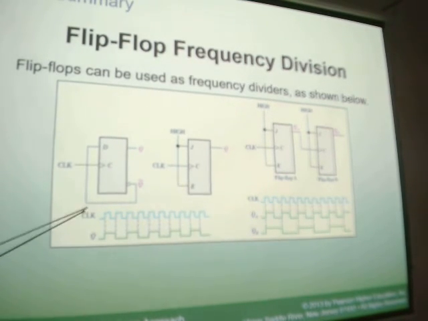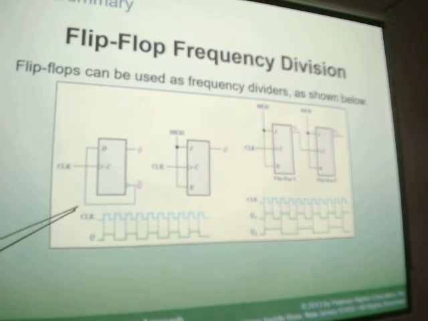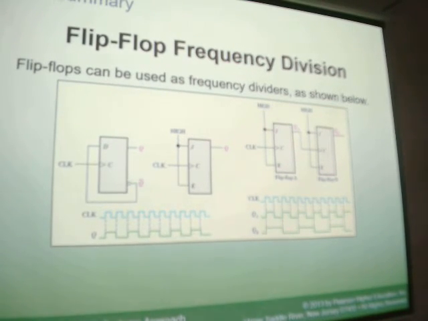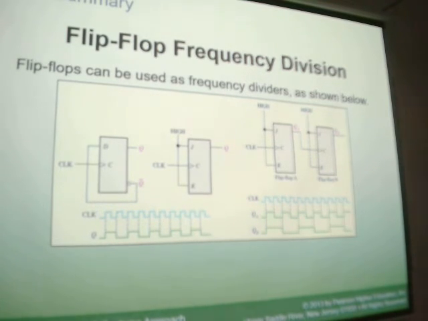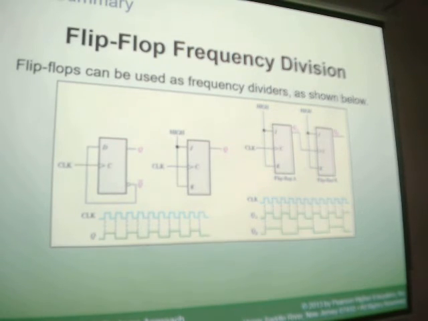So if the frequency of the clock is F, then the frequency of the output, like this. The clock. If the frequency of the clock is F clock, the frequency of the output is FQ.